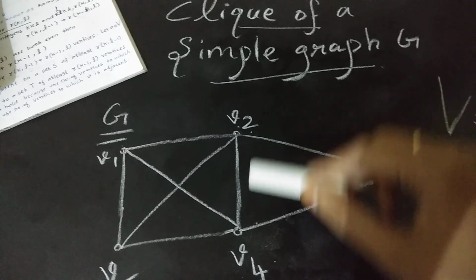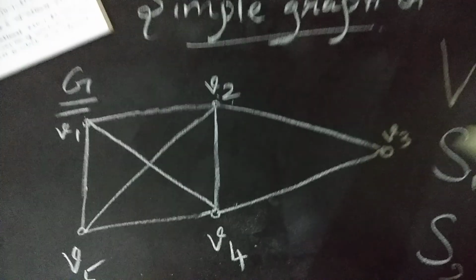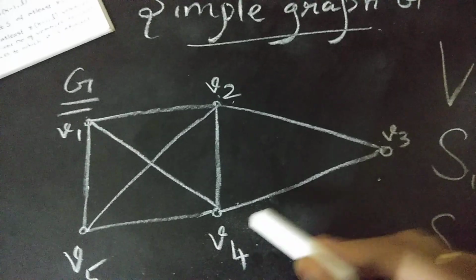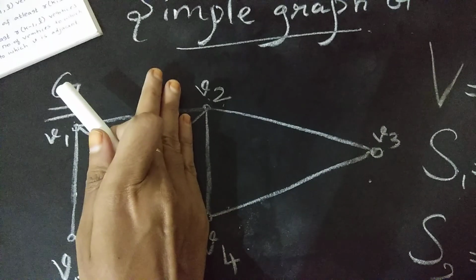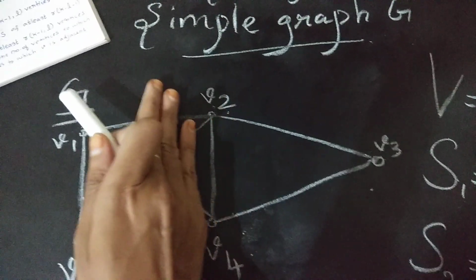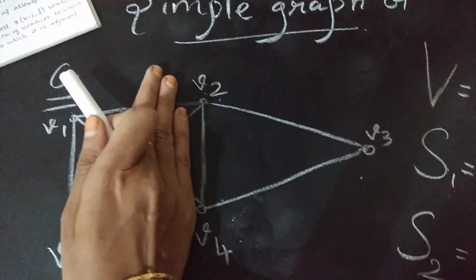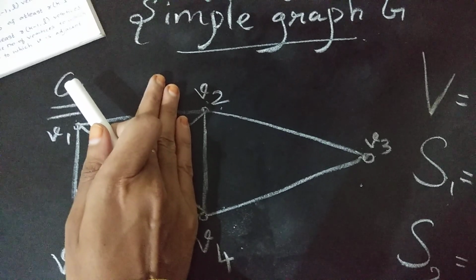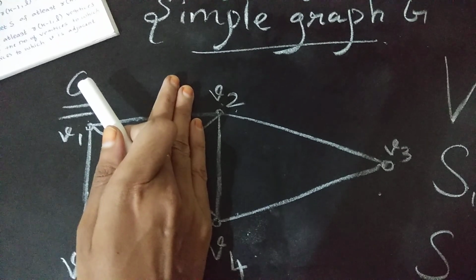So look at this graph, at these vertices V2, V3 and V4. Neglect everything else, this portion of the diagram, from your mind. Now your subset S1 is V2, V3 and V4. Look at this graph. What is it? It is a complete graph.